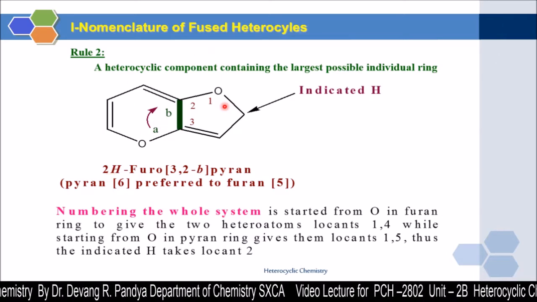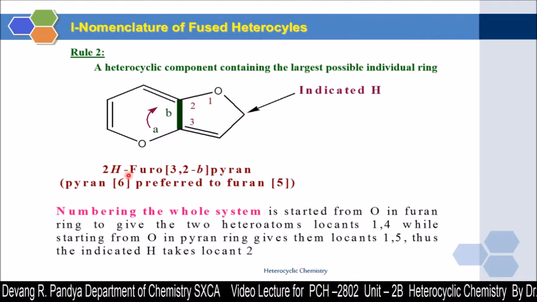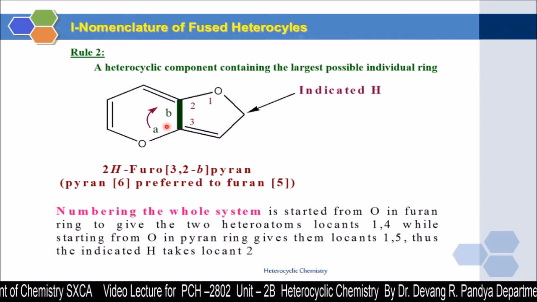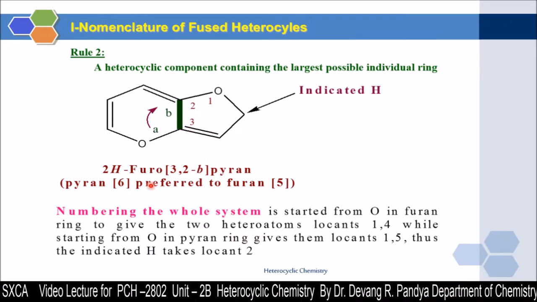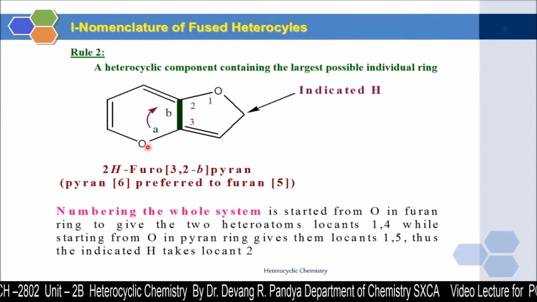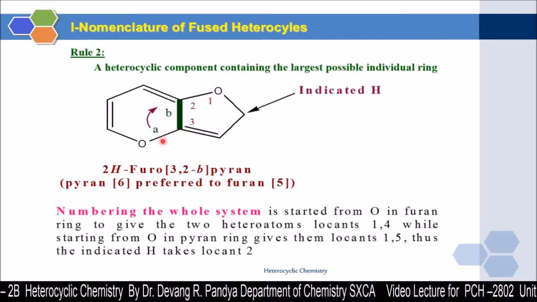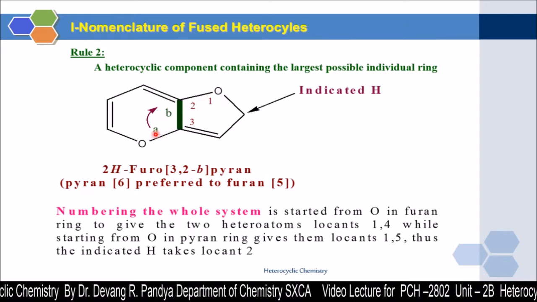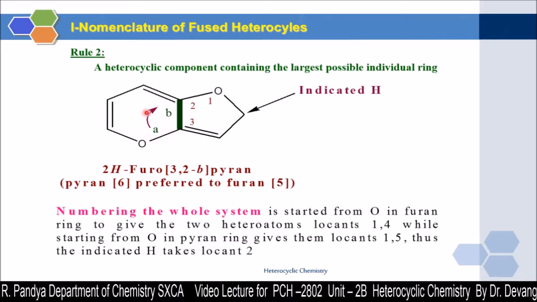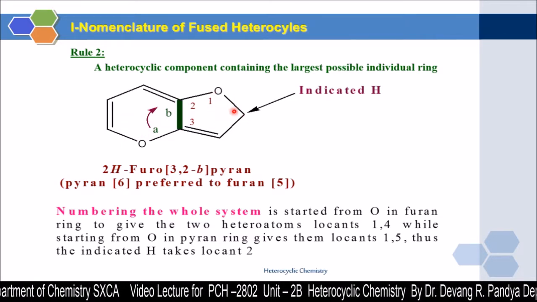Now the name of this compound can be written as 2H-furo[3,2-b]pyran. Pyran, the 6-membered ring, is preferred to furan because both are oxygen containing heterocyclic rings, and that is why the 6-membered ring is given more priority. So this is going to be a parent ring, and this is going to be a fused ring.